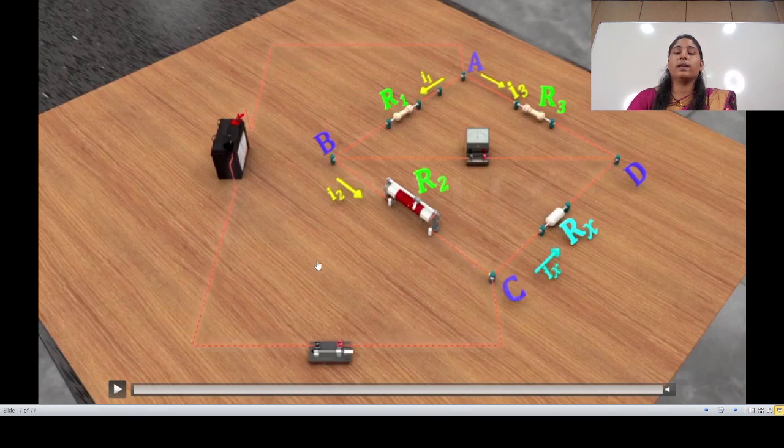Here we get R1 divided by R2 is equal to R3 divided by Rx. So Rx is equal to R1 divided by R2 into R3. So this is the animation of the circuit. See next point.